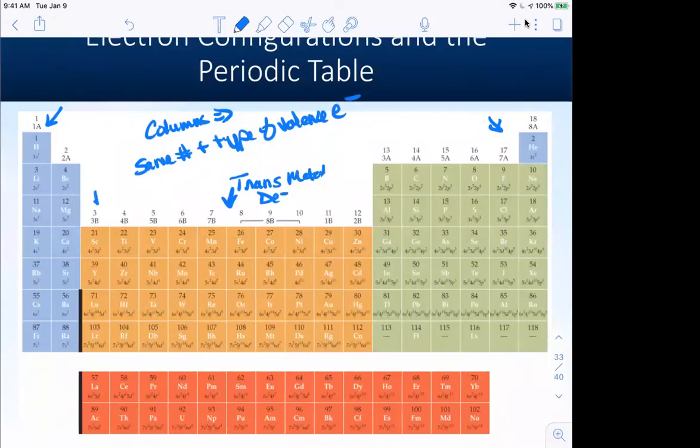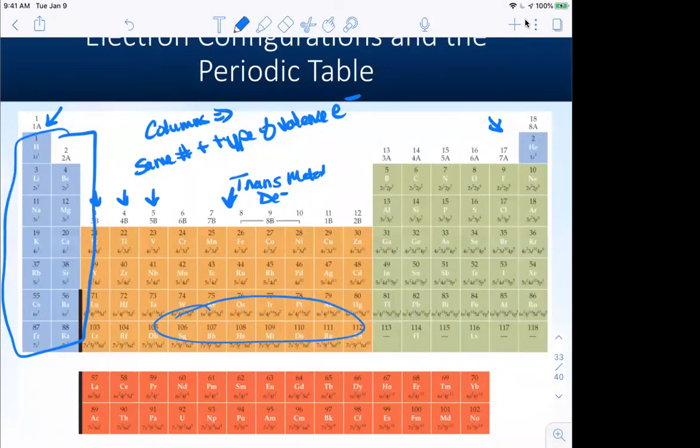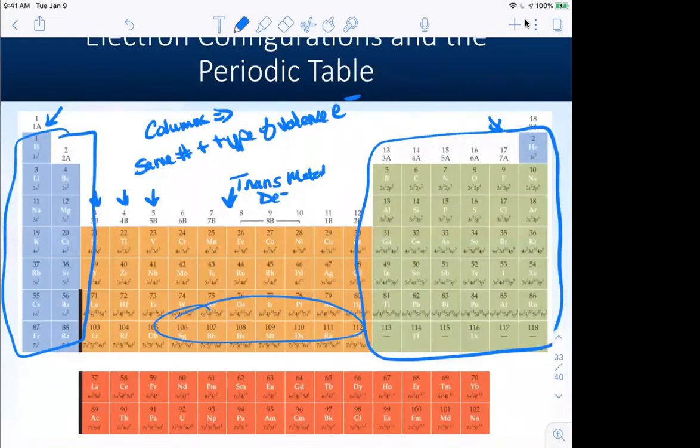But even here, my columns are giving me an indication as I go down the column, except when I get into this area, which gets a lot more complicated. I generally have the same electron configuration as I go down the column in a periodic table. But again, we're really focusing on the S and the P blocks over here in terms of organic chemistry.